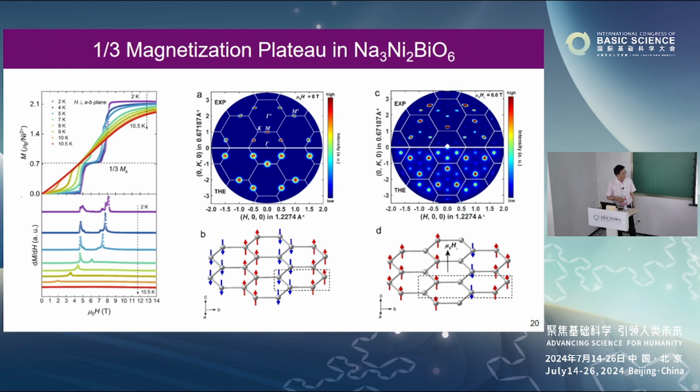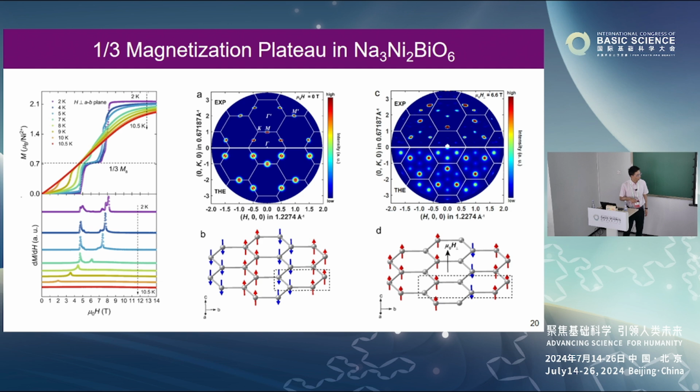So this is relatively simple, but for high field in the plateau phase, the structure is very complicated. So the structural pattern is totally different from that at low field. And so finally, after many tries, we eventually determined this kind of magnetic structure to be the structure at the plateau phase.